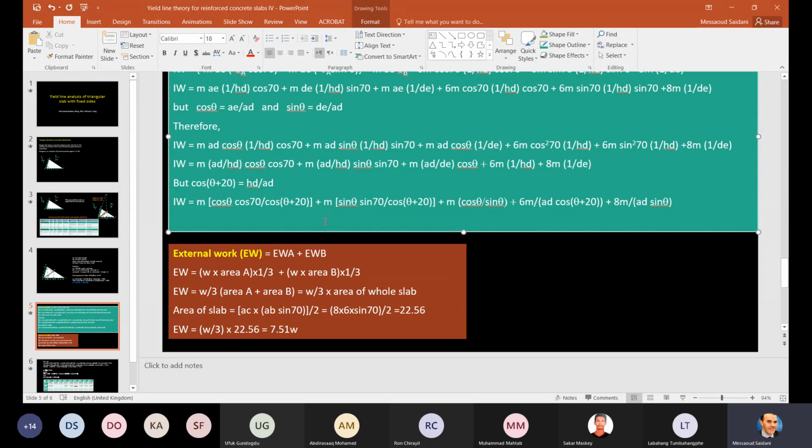So the only variable in the internal work equation will be the angle theta only. The external work, no change from what we did last week. That's exactly the same. So you did the external work for regions A and B. It gives you 7.51 W as we did last week.